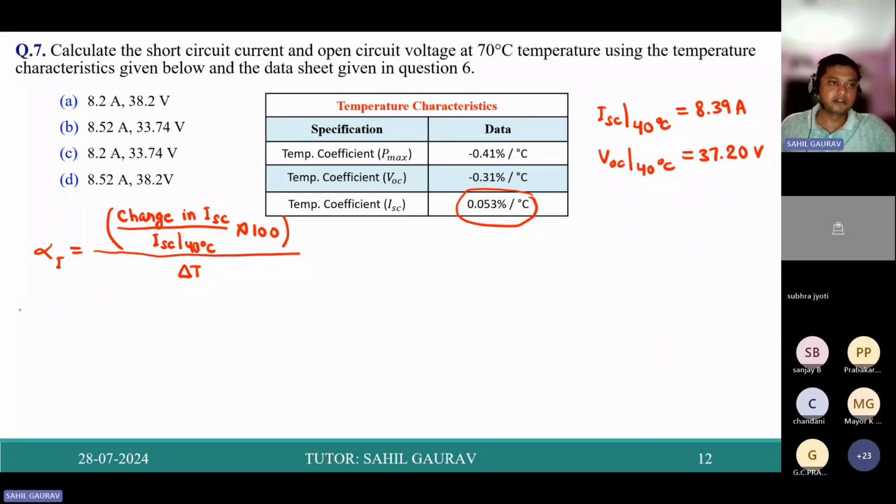So we have to put all the values here. 0.053 equals the change in ISC.